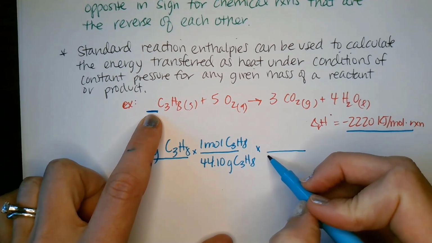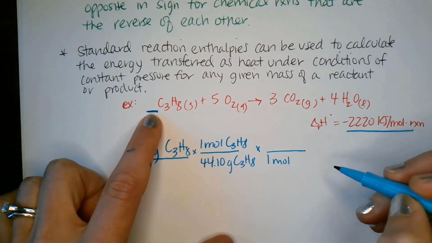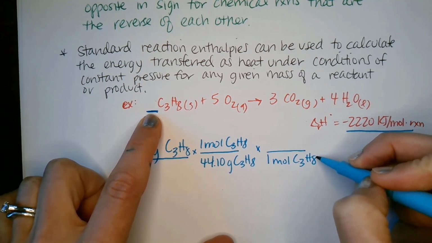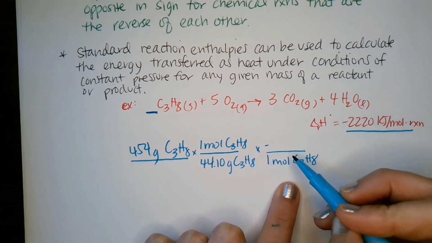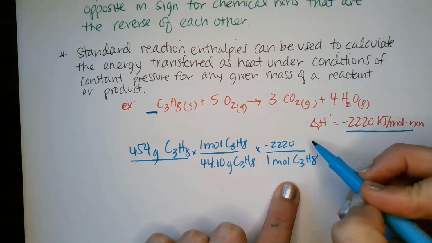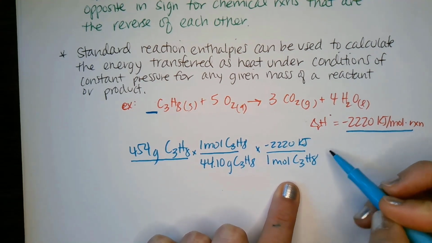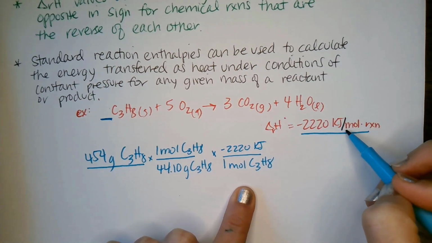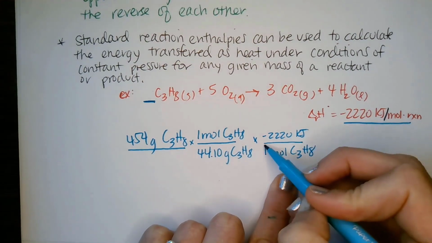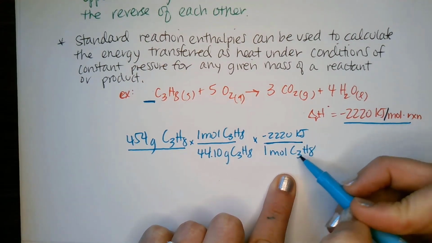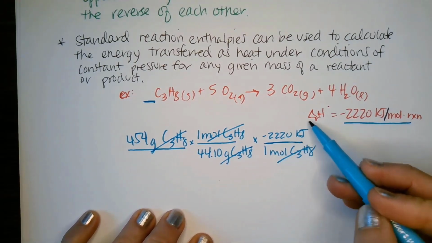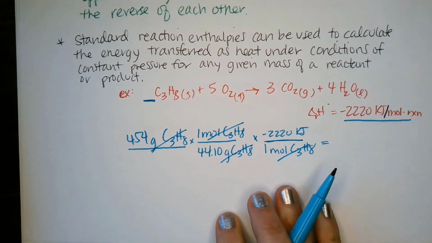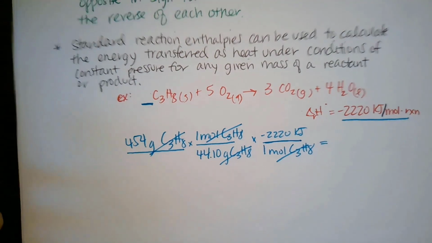So we can just use this ratio, 1 mole of C3H8, and again, I have to have that diagonally, is equivalent to negative 2220 kilojoules. Because look, this is kilojoules per mole. And we have grams, grams cancel, moles, moles cancel. I'm going to be left with kilojoules.